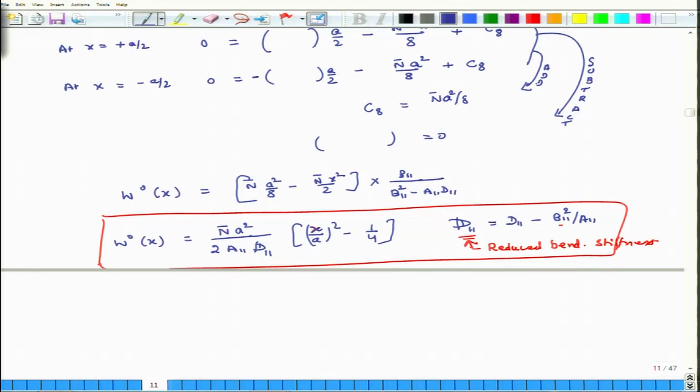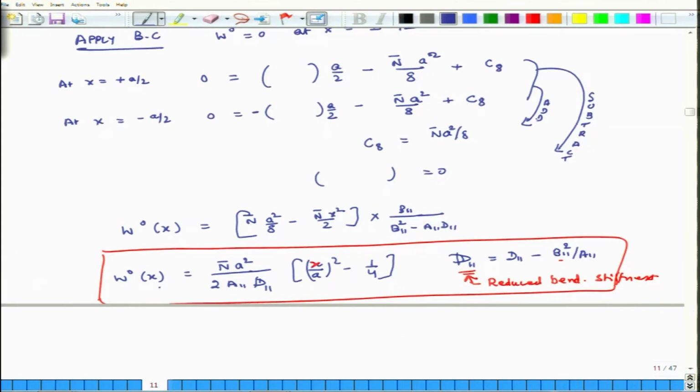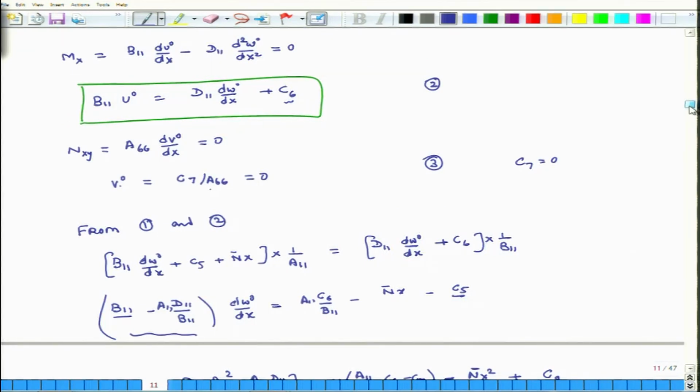This is the expression for W naught x. Now you can compute dW dx from here, and plug the value of dW over dx into the expression for u naught. You can plug it in one of these equations. So, you can plug it in here, okay.